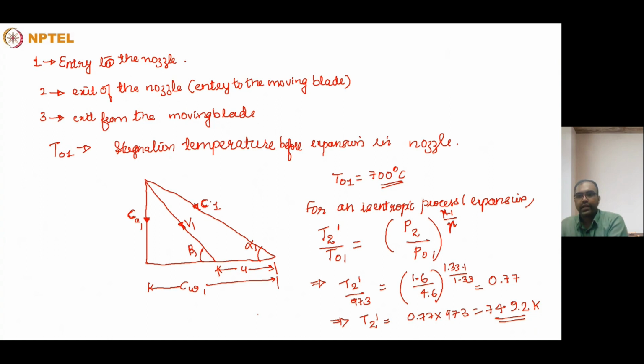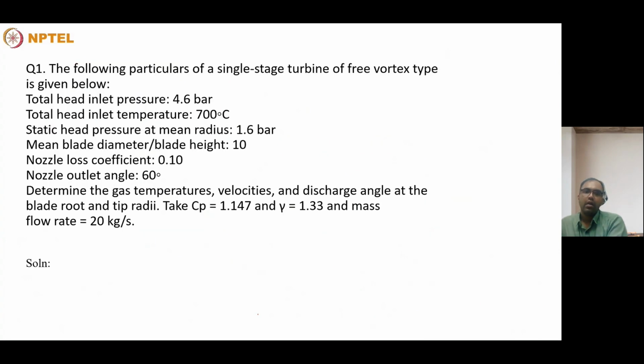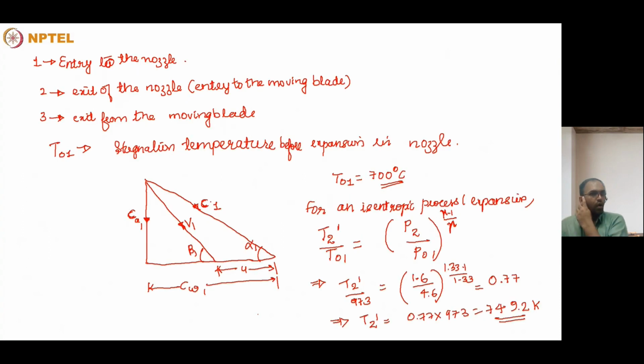Initially, we have calculated the stagnation temperature. Since this is a nozzle and no work is produced in this one, we can assume that the stagnation temperature at the inlet and the exit of the nozzle will remain the same.